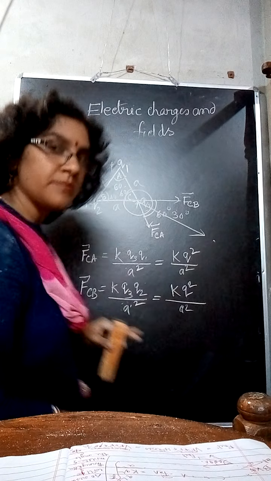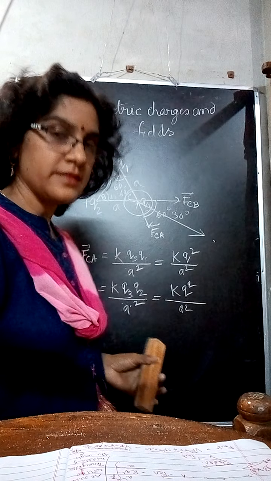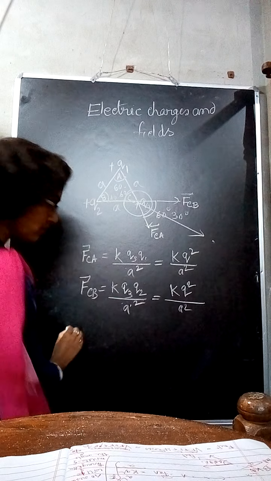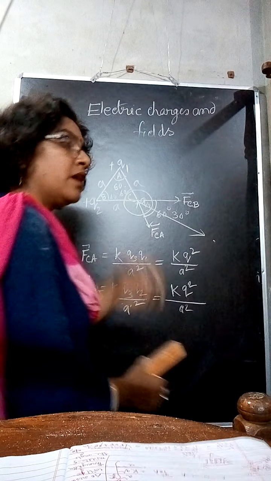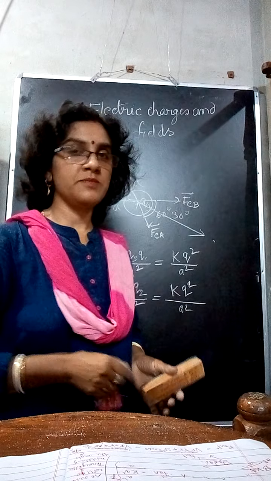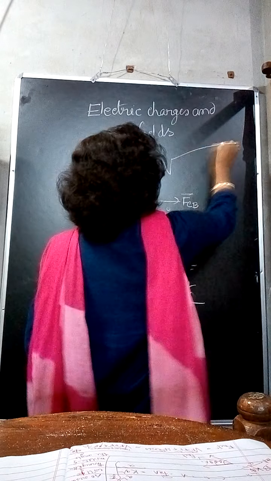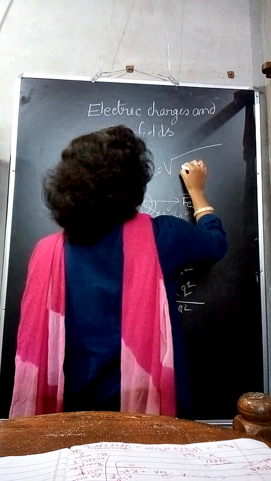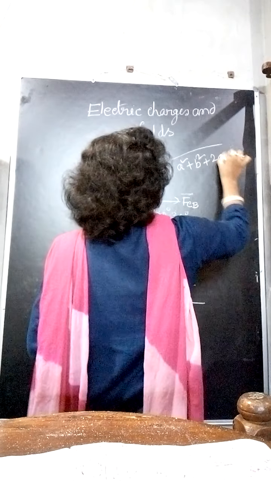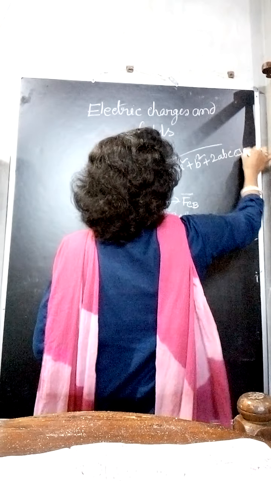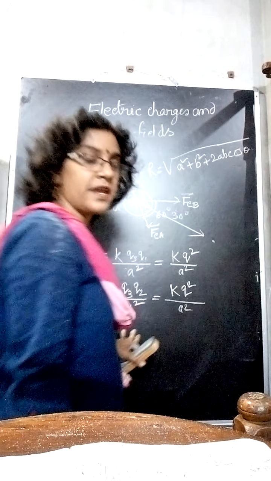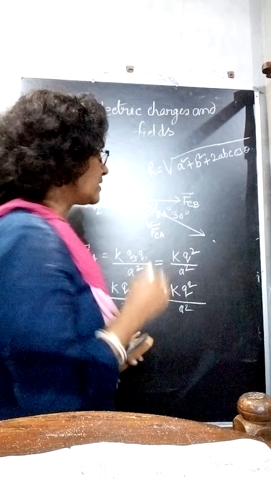From the vector chapter, we have seen the formula for the resultant of two vectors. Resultant R is equal to root over a square plus b square plus 2ab cos theta, where theta was the angle between the two vectors.